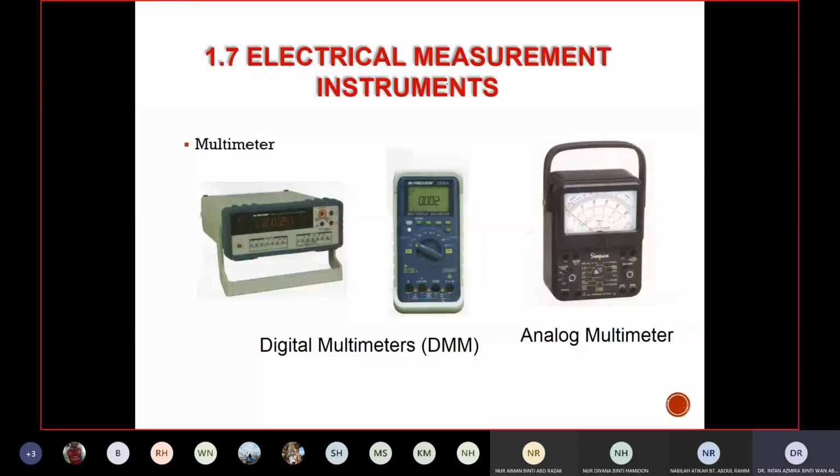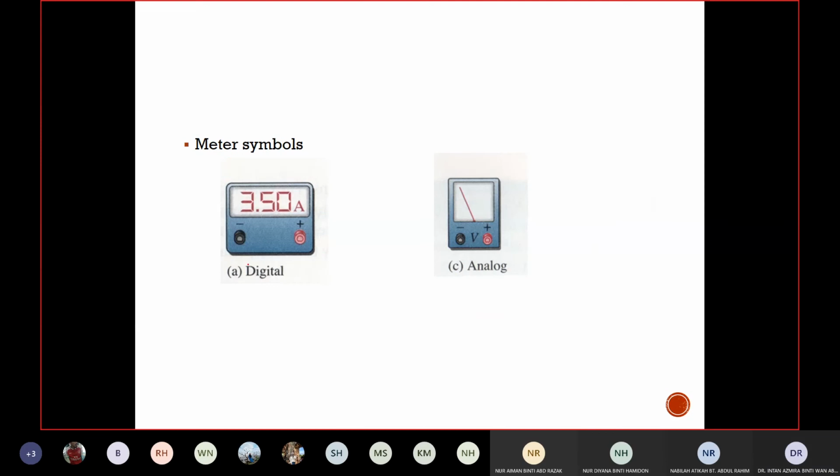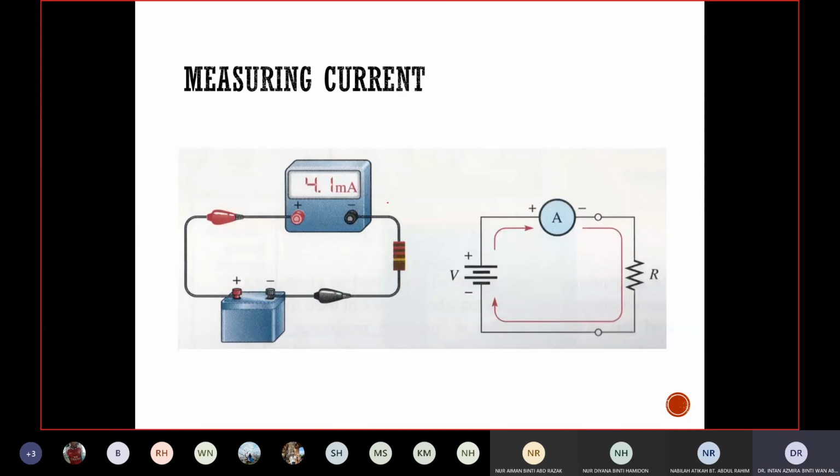Electrical measurement instrument. This is a multimeter. This is a digital multimeter because numbers appear on the screen. This is an analog multimeter, where a needle is used. This is how we measure current. We put the ammeter or multimeter in series with the element.